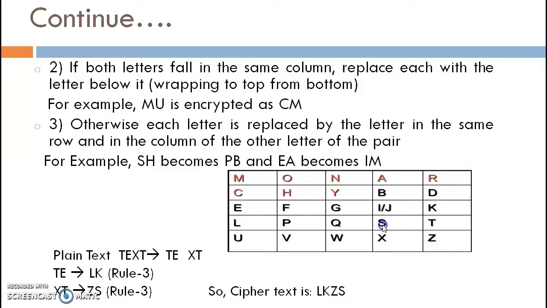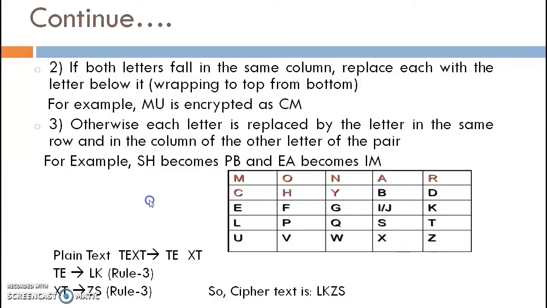So for the first letter S, go along the same row of S until the column letter is found, and the intersecting point, here P, is the first letter of the ciphertext. Same way for the other letter H, in the same line up to the intersecting letter of the column, the second letter B. So SH is replaced with PB. Same way, EA becomes IM.